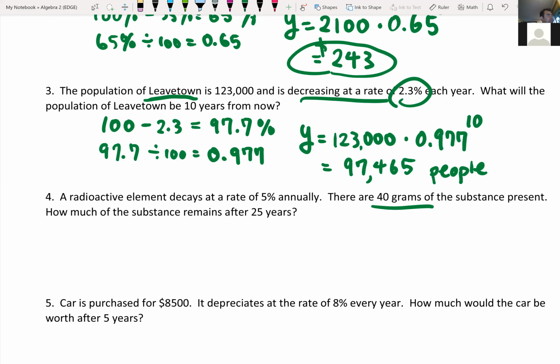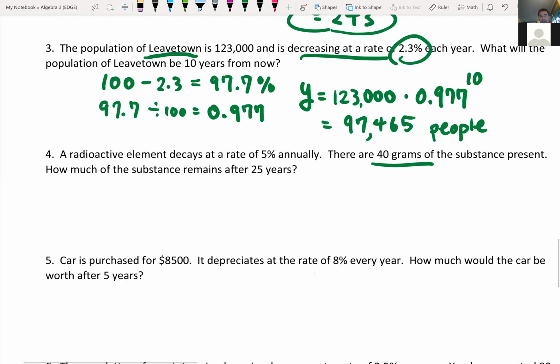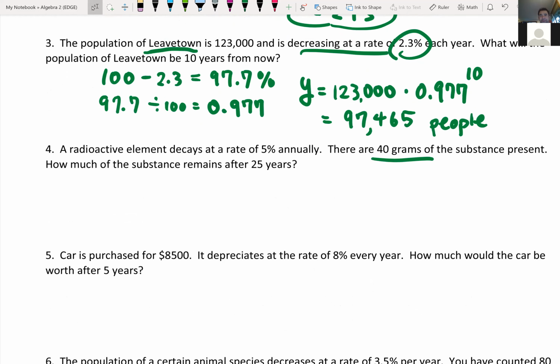Number 6 is the last question. Okay. Would you share your answer in the chat for number 4?